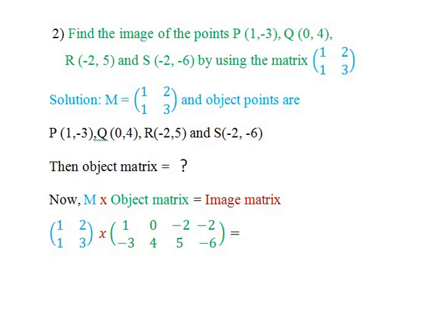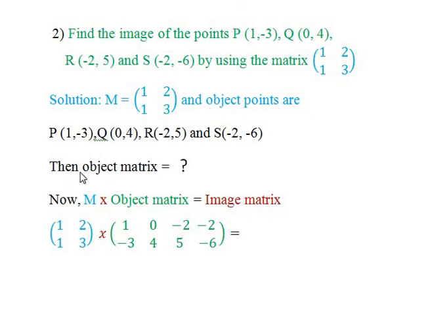Now we have another problem, question number 2. Let us read these questions. Find the image of the points P, Q, R, S by using the matrix 1, 1 and 2, 3. So here the given transformation matrix is 1, 1, 2, 3, and the object points are this one.